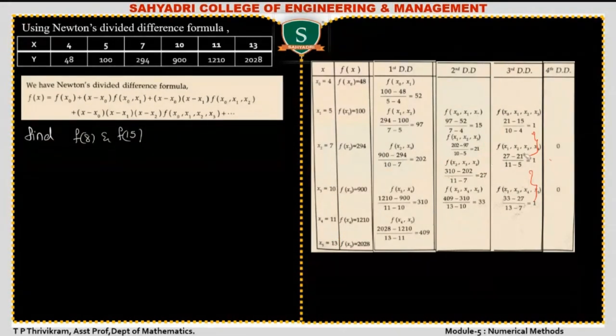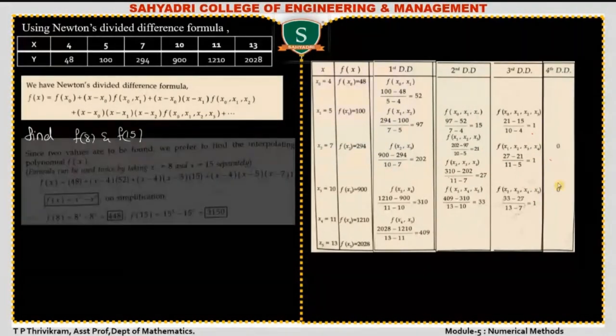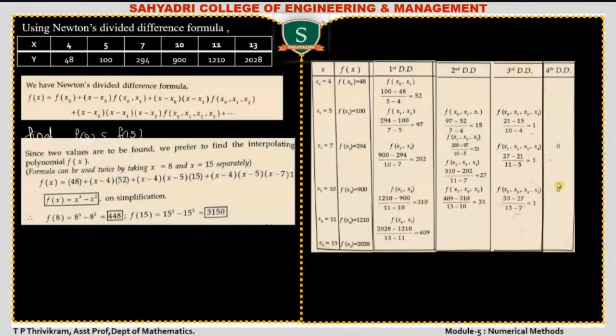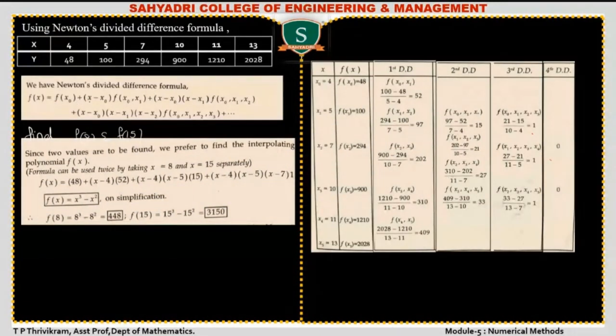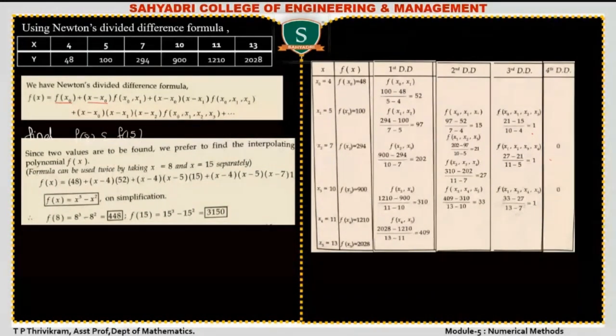Next, once you write all the differences, what do we need to do? Find the polynomial like this. Okay, so make use of this formula. f of x equals f of x0 plus x minus x0 into f of x0, x1, plus x minus x0 into x minus x1 into f of x0, x1, x2. Like that it will continue. Okay, I have substituted.